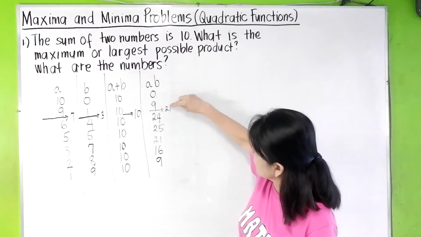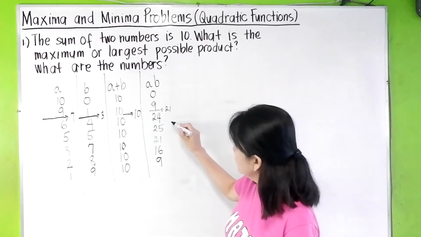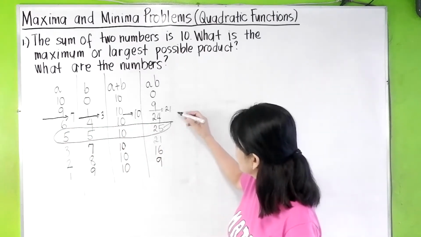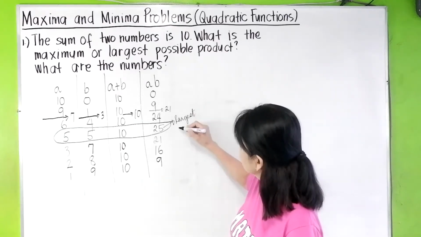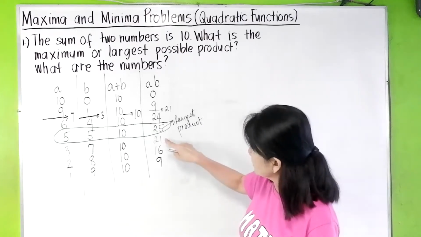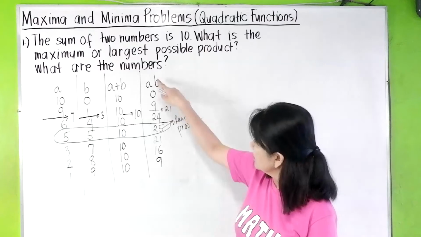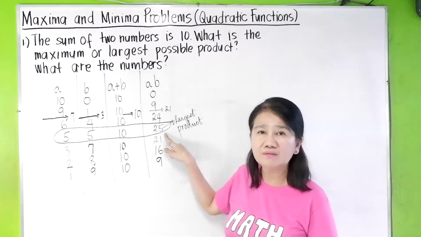The numbers here are increasing, and the biggest is 25. This is the biggest or the largest product, whereas the numbers here are decreasing again. So we have seen that the largest product is 25.